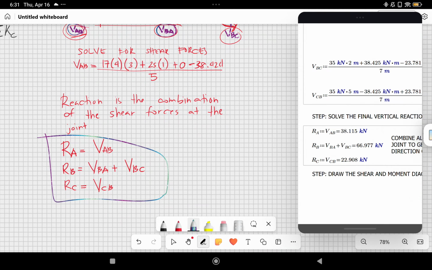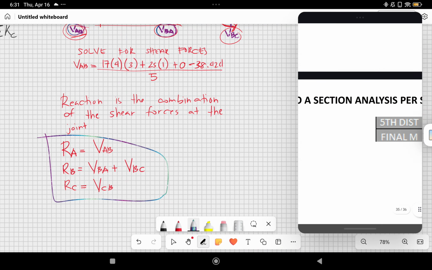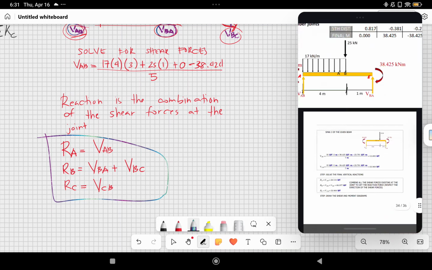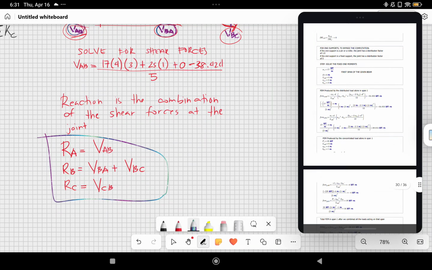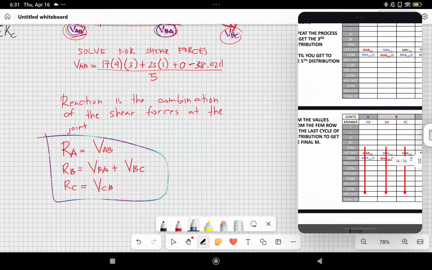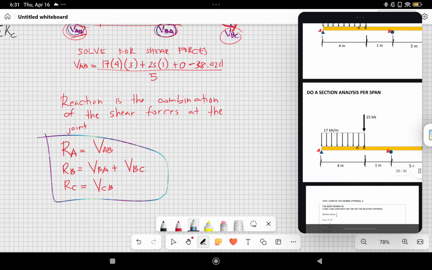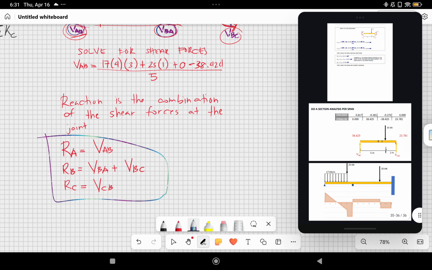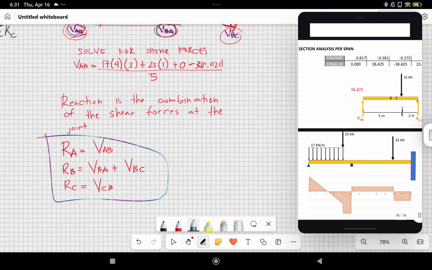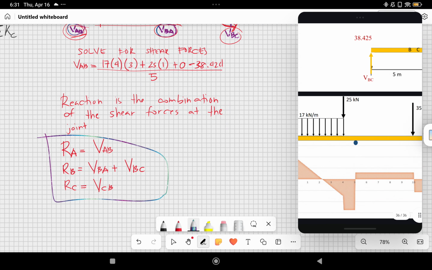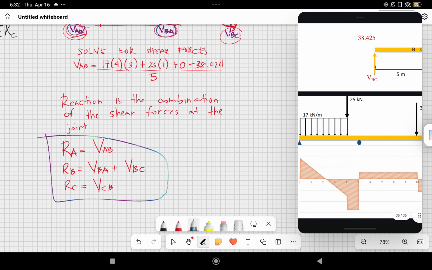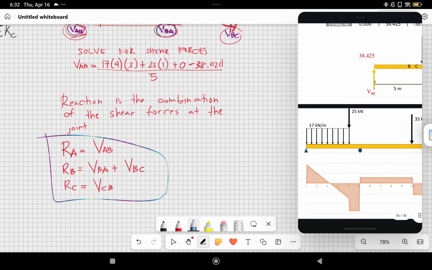Okay, so the next step is draw a shear and moment diagram, which is, hindi ko yata nalagay dito yung shear and moment diagram, but I will send it to you na. Shear diagram lang yung nalagay ko, sorry, sa PowerPoint na to. Anyway, that is for our lesson.